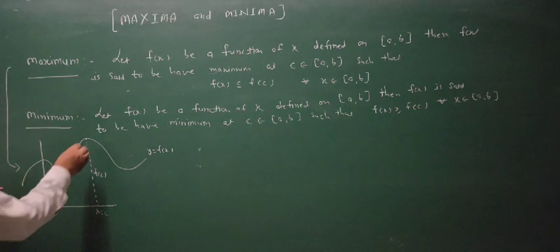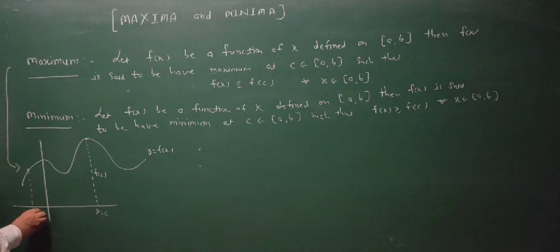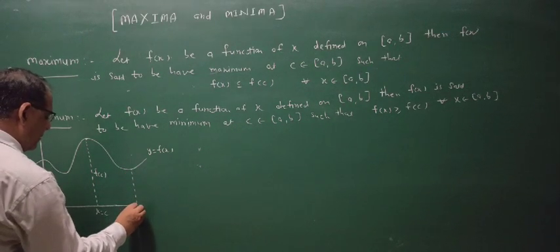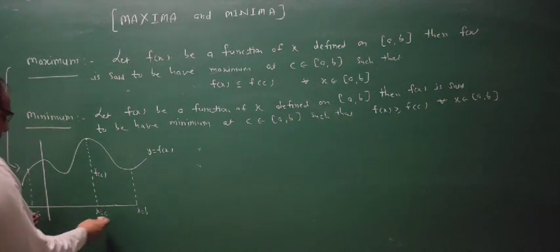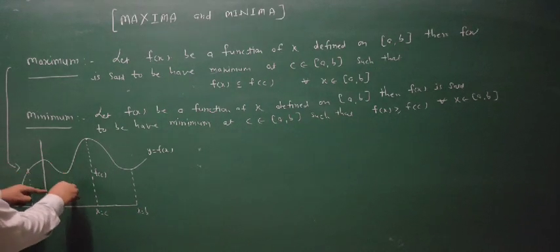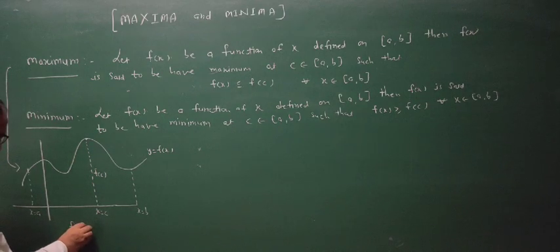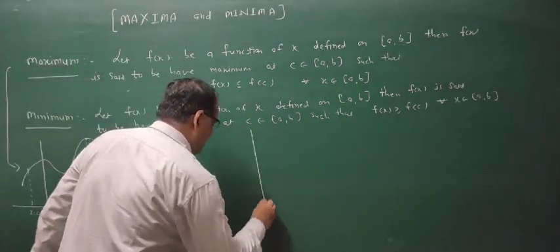Here we are observing that, suppose this is the point x equal to a, and this is the point x equal to b, and in this closed interval between a and b, at all the points f(c) is maximum for all f(x).